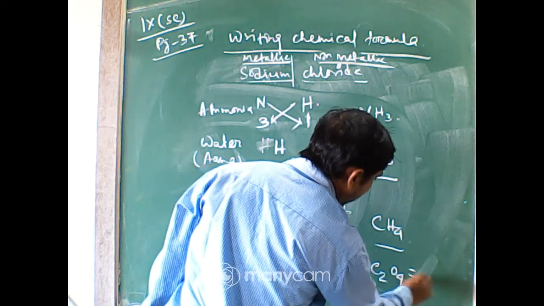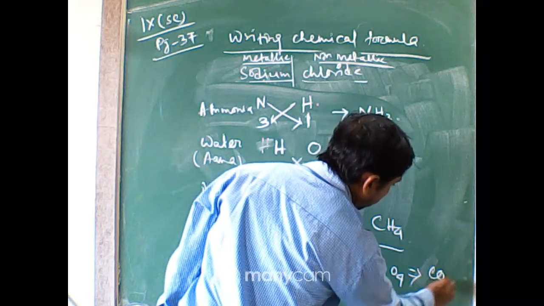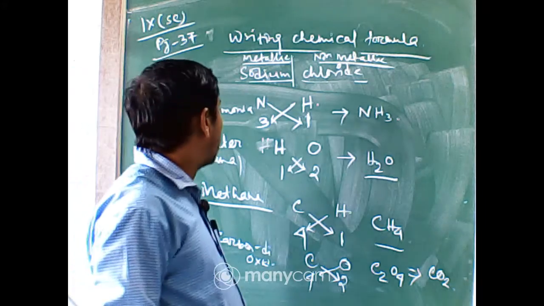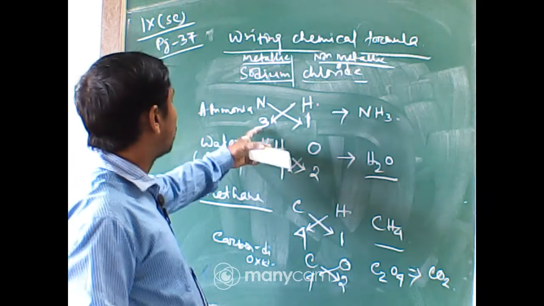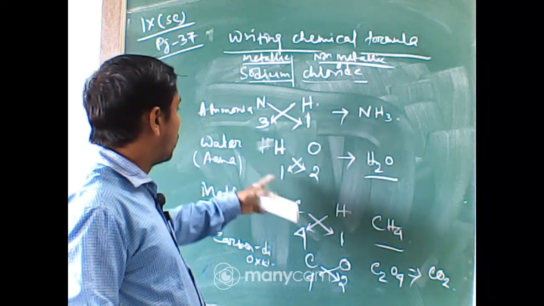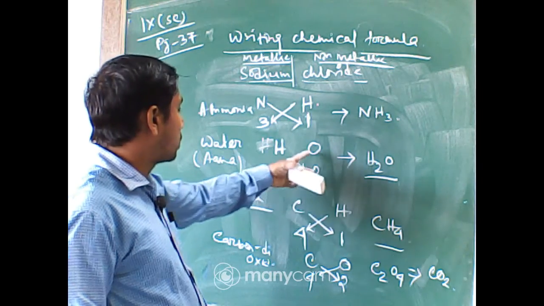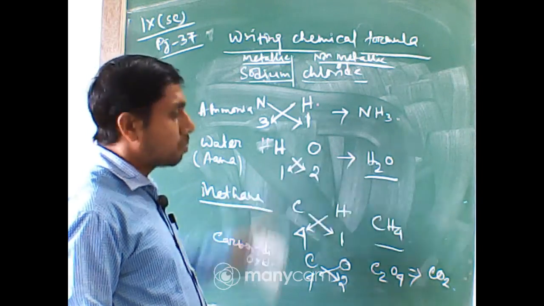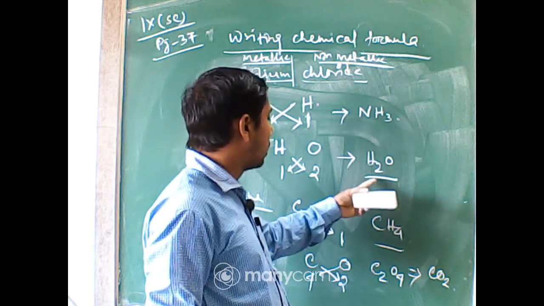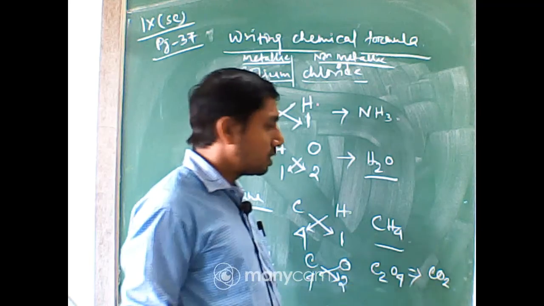Now, simplifying it, we will get CO2. Okay. So, from there we just have to write down the valency. Here nitrogen's valency is 3, hydrogen's valency is 1. Here hydrogen's valency is 1 and oxygen's valency is 2, and then cross multiply to get the exact formula, that is NH3, H2O, CH4, CO2.